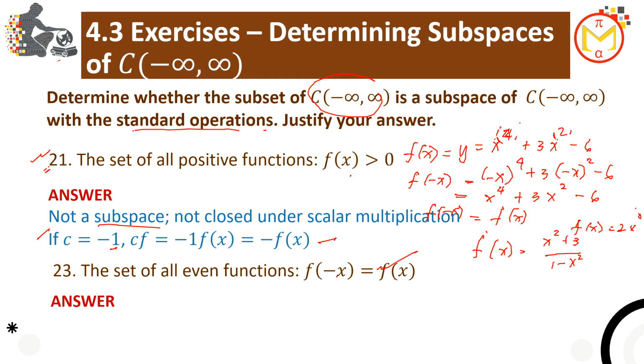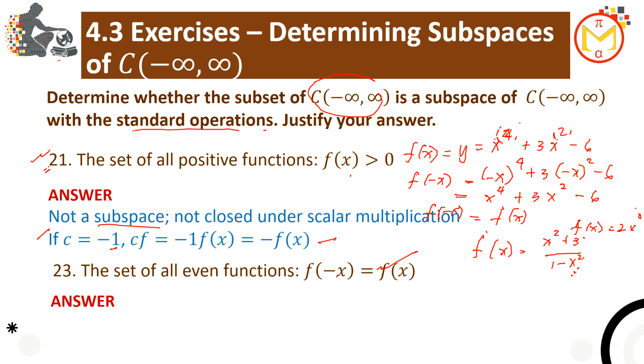When you substitute negative x, this is even, so you will come up with the same function. But if this one becomes cube, and you replace it with negative, it will change the sign.